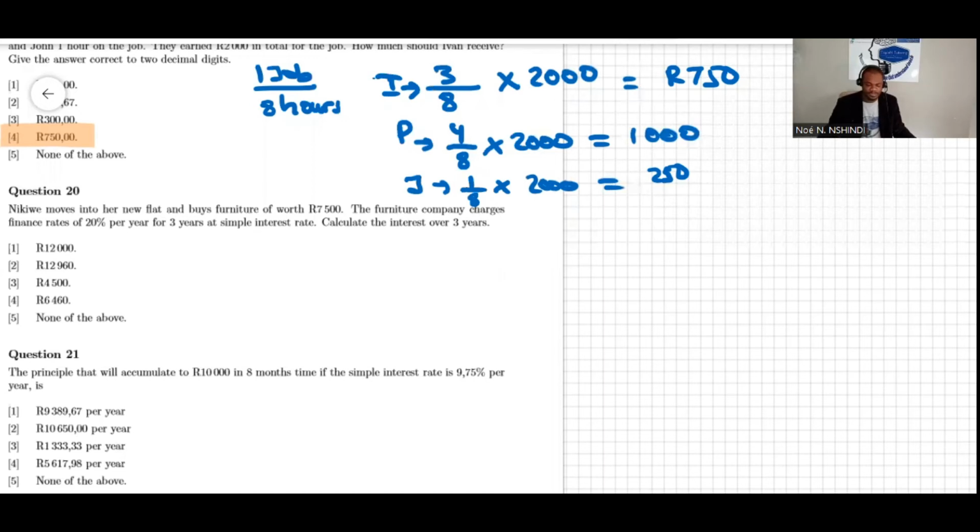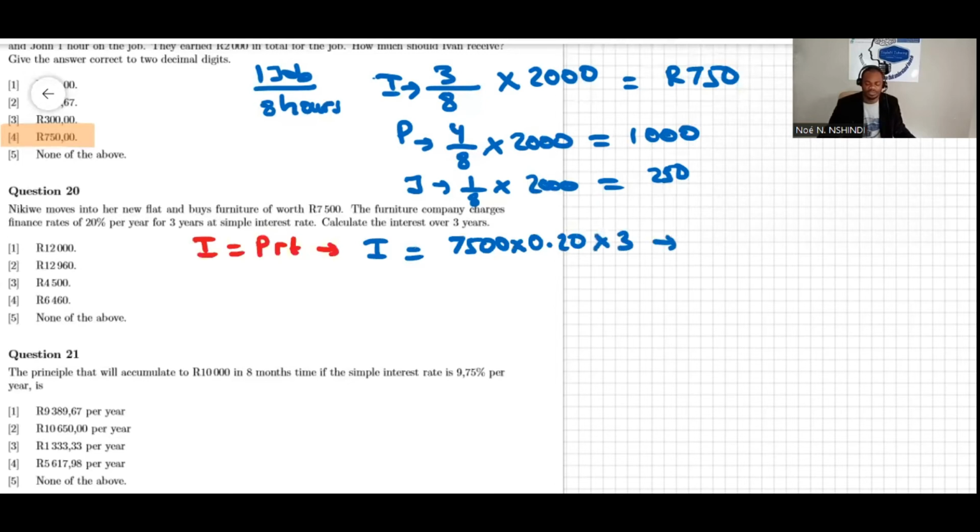The interest is given by I equal to PRT. So the interest here will be equal to P, the principal, the present money, which is 7,500, multiplied by the rate, which is 20%. 20% can be written as 0.20, multiplied by the time, which is 3.